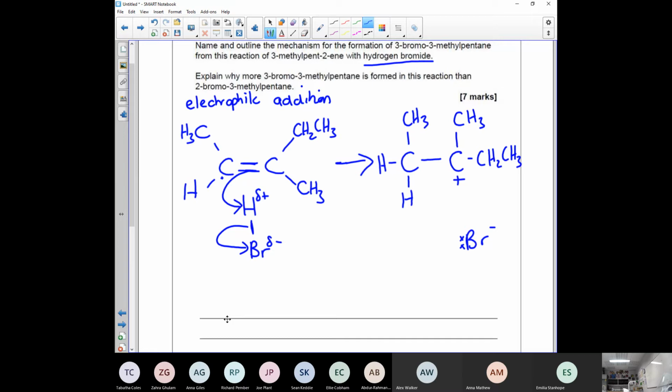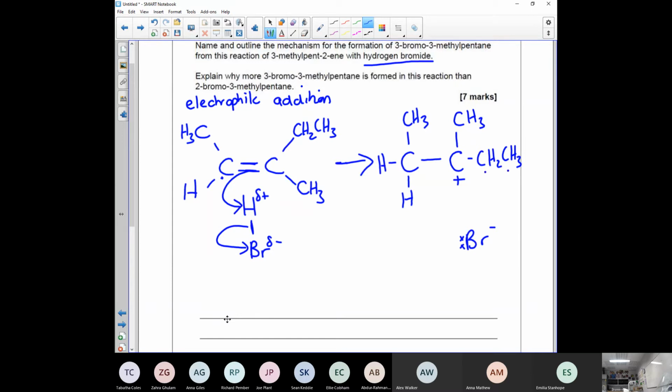Right, so remember what I said, we had to make sure that the bromine was going to go in the right place. So we were told in the question which compound we were going to make, 3-bromo-3-methylpentane. So we had to make sure that that bromine is going to attach itself to the 3rd carbon along, which it is going to. 1, 2, 3.